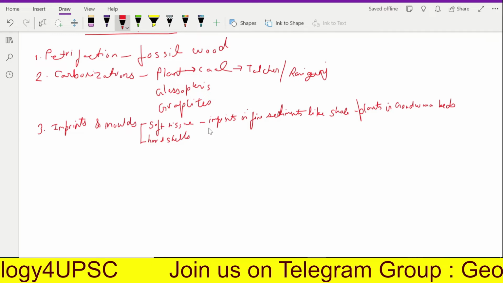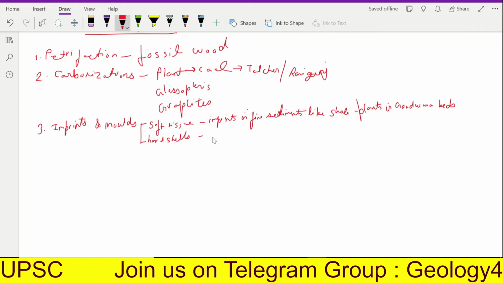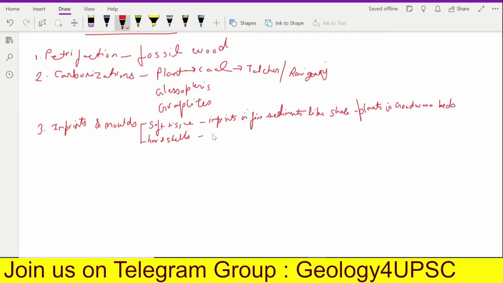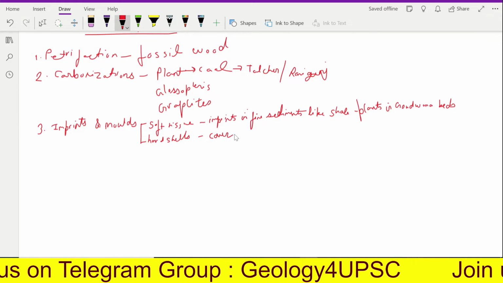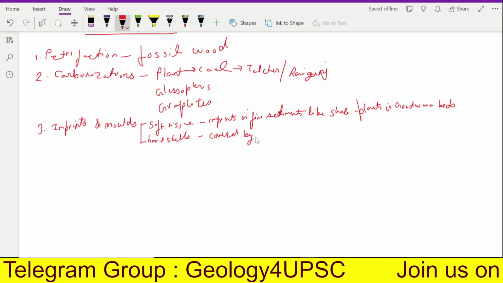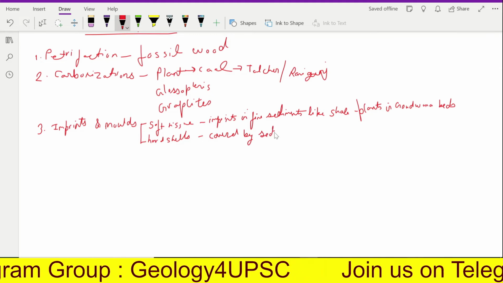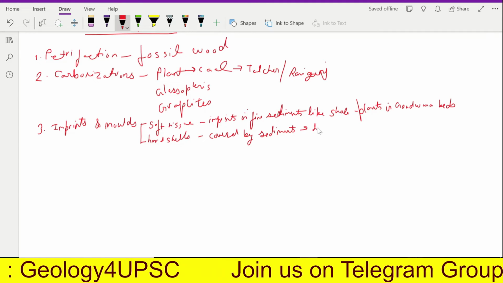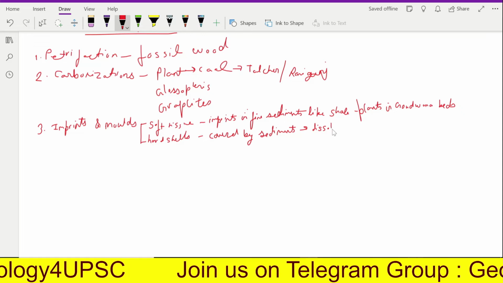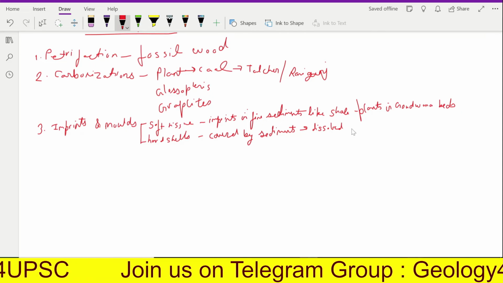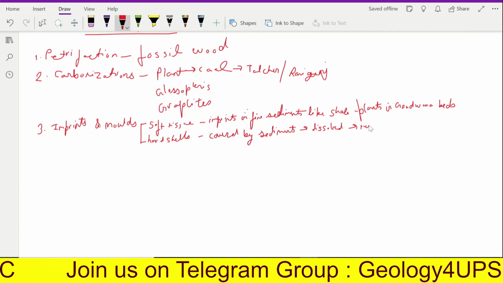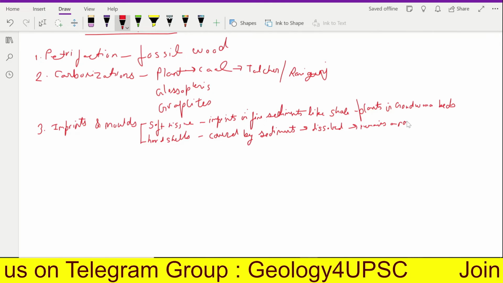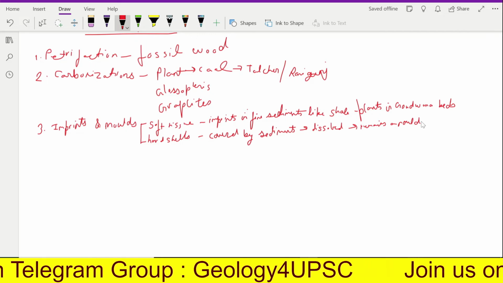And regarding hard shells, you can write that when they are covered by sediments, the shells get dissolved away, and what remains is a mold.